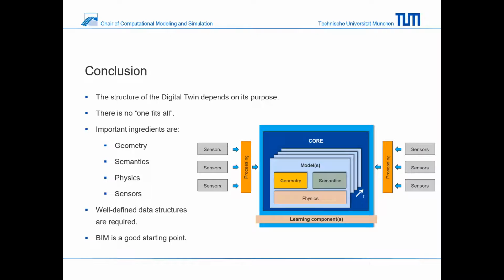They are not, from my point of view, contradicting, but instead we can very likely base our work on building information modeling, which provides a lot with respect to geometry and semantics already. And of course, we have to extend that to capture all the extra elements of digital twins.